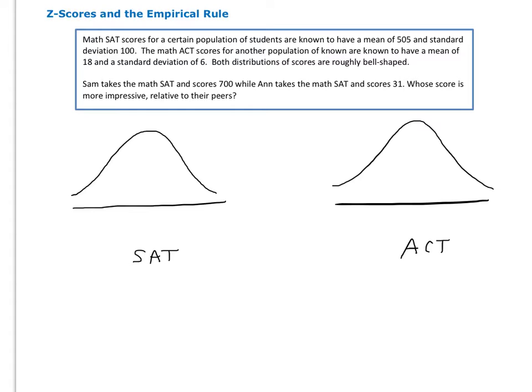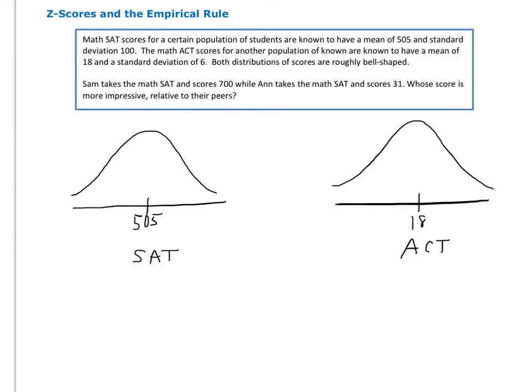What's different about them are the means. The SAT scores are known to have a mean of 505 for this group of students, and the ACT mean score is 18. What's also different is the standard deviation.